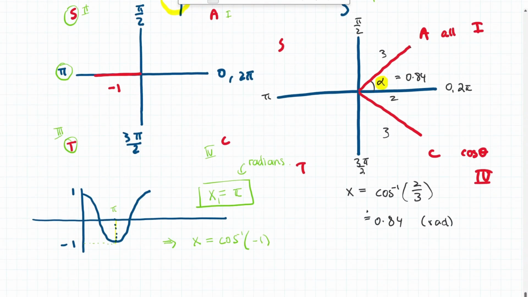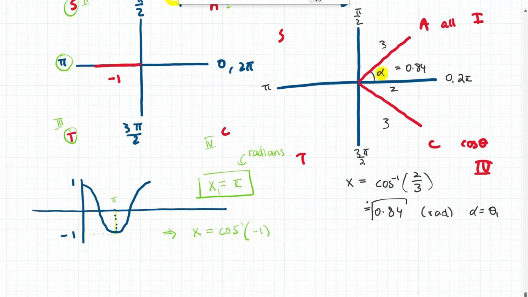We said that if it's in quadrant 1, then theta equals your alpha. So our first angle for x, we have our answer already at 0.84, but what about our second angle? We need to start here on our principal axis and go all the way around, and this is going to be our theta 2, which is our second x value.